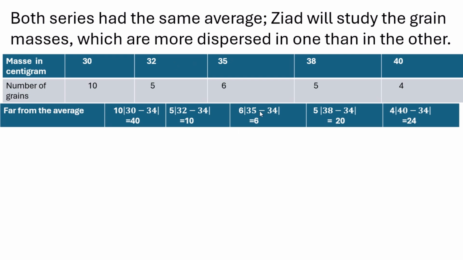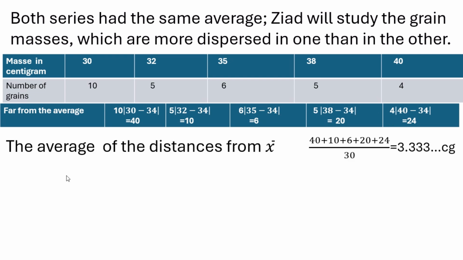Here are the distances from the average: 35 minus 34, 38 minus 34, and so on. Let us calculate their average. This is 3.333 centigrams.